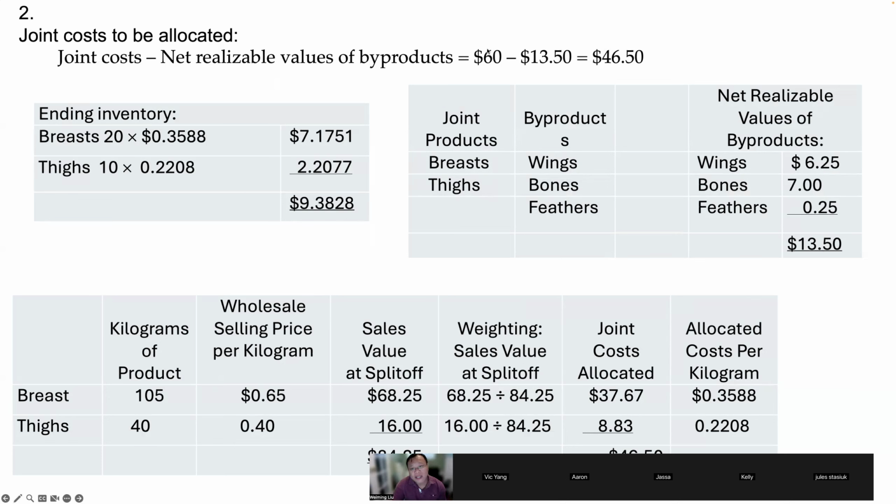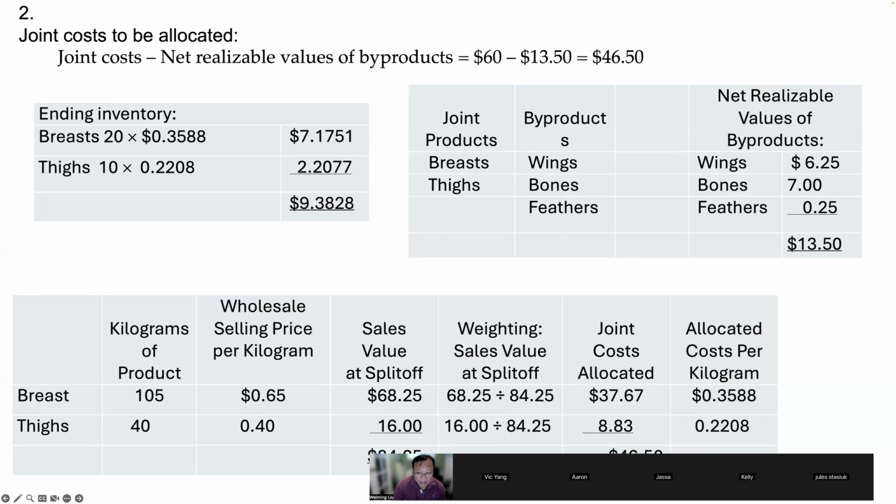My total cost is $60, right? And by selling this byproduct, I'm able to get $13.50. So this is the cost recovery. So therefore, you can just treat it as if your joint cost for the breast and the thighs is actually just $46.50.